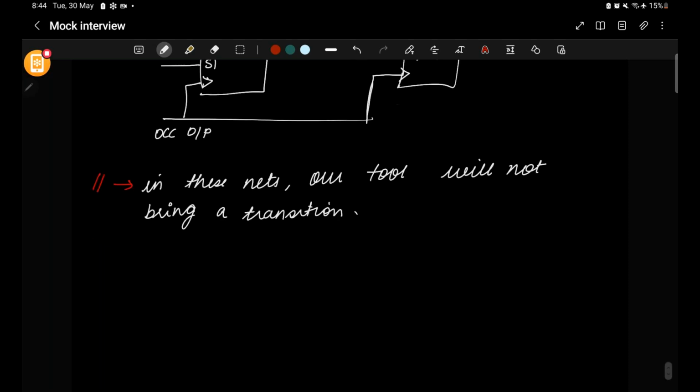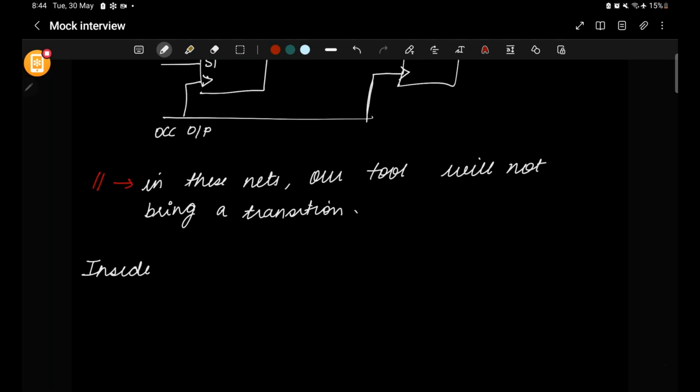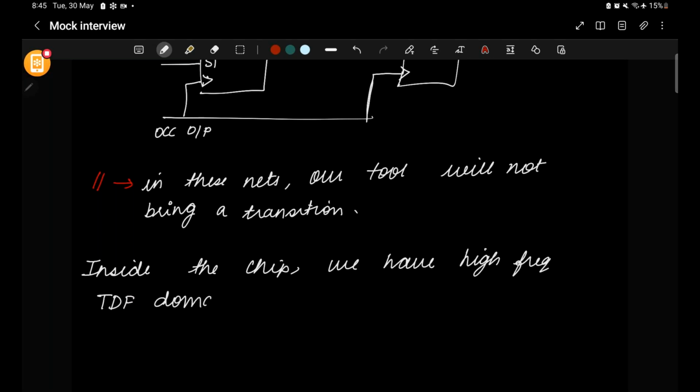Why? Because inside the chip we have high frequency TDF domains, around 500 megahertz to 1 gigahertz.